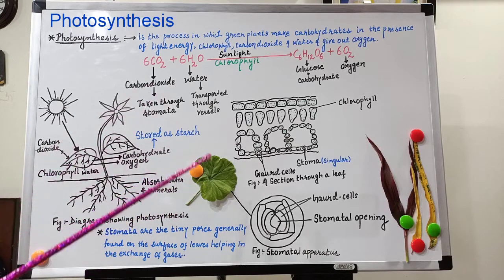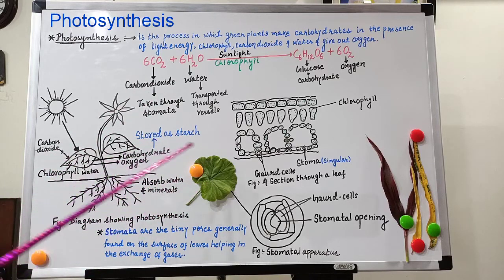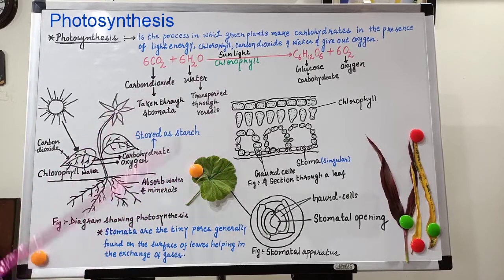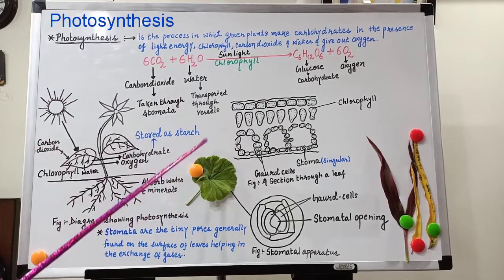The reason is that the leaves have more surface area. Because of the larger surface area, the largest area in which photosynthesis takes place is the leaves. So, leaves are called the food factories, because you will find all the conditions required for photosynthesis are met here.